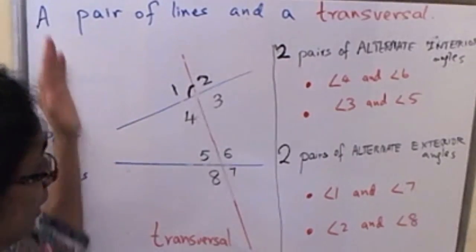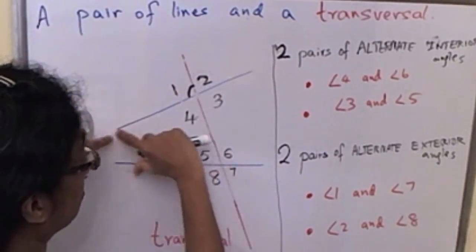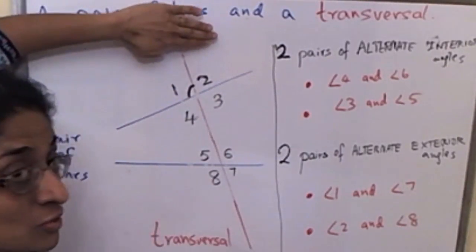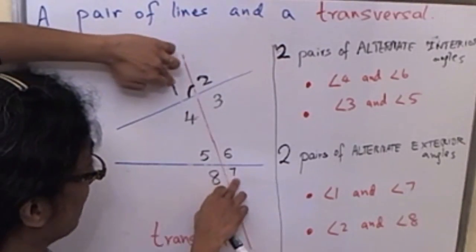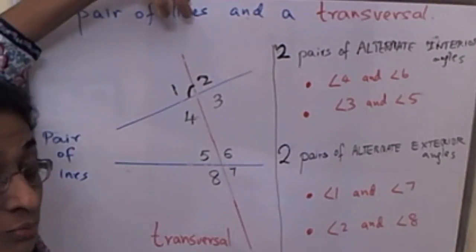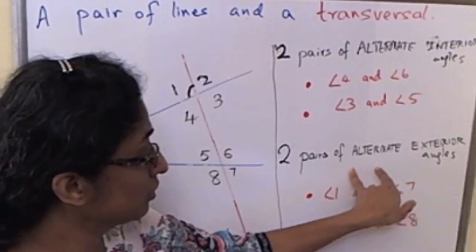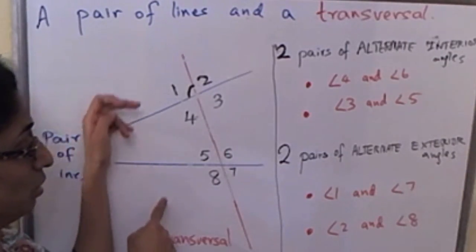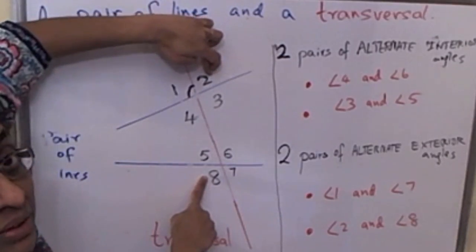Exterior angles because if you look at the space that does not lie in between this pair of lines, if you think of that space as exterior, then 1 and 7 lie in that exterior space. So 1 and 7 are called alternate exterior angles. Similarly, another pair of alternate exterior angles are 2 and 8.